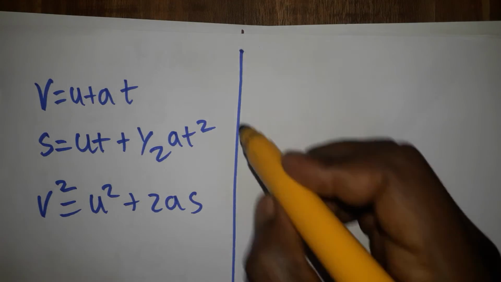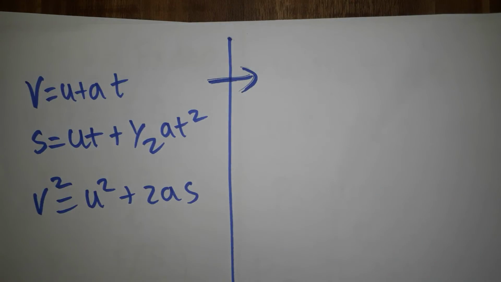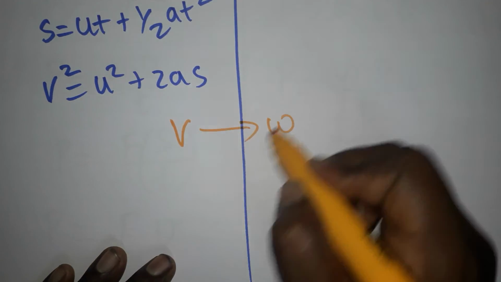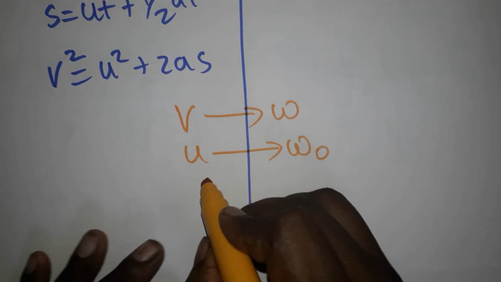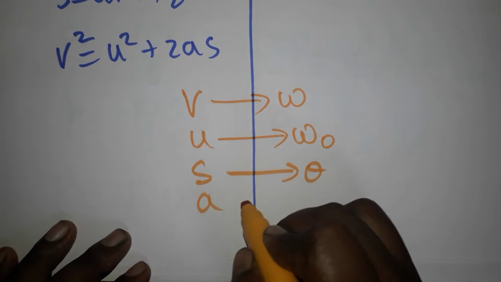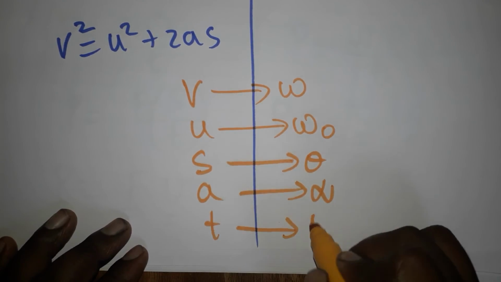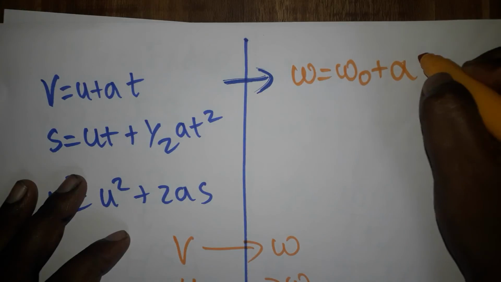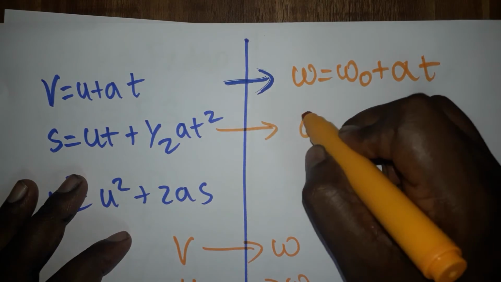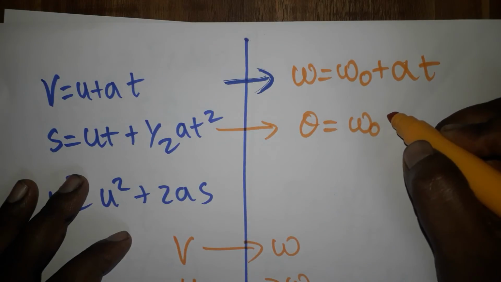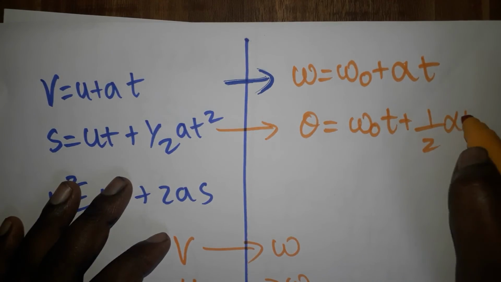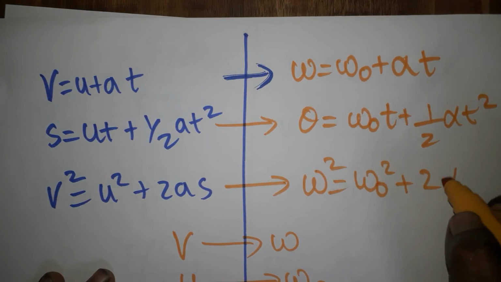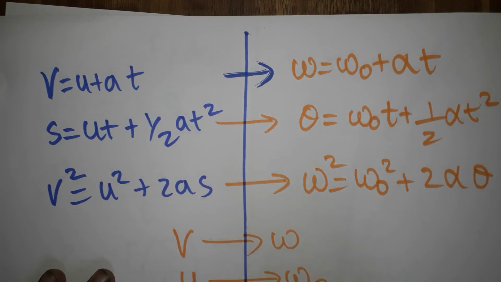In rotation motion, v becomes omega, u becomes omega naught, s becomes theta, a becomes alpha, and t, the time period, is the same in both places. So omega is equal to omega naught plus alpha t. The second equation, theta is equal to omega naught t plus half alpha t square. The next one, omega square is equal to omega naught square plus 2 alpha theta. This is just a comparison with the equations of motion.